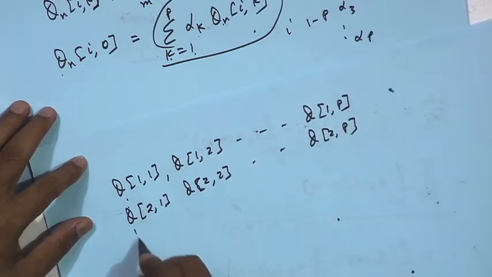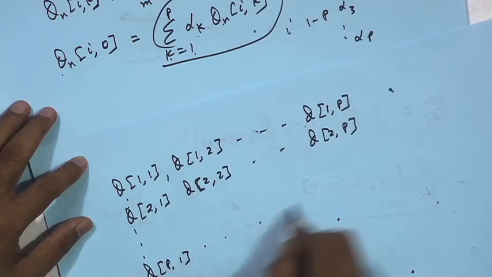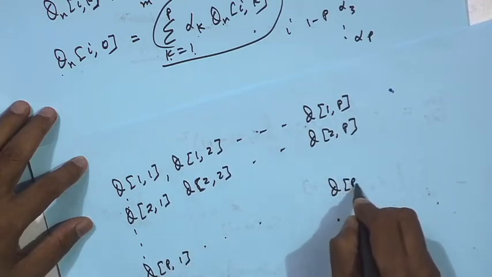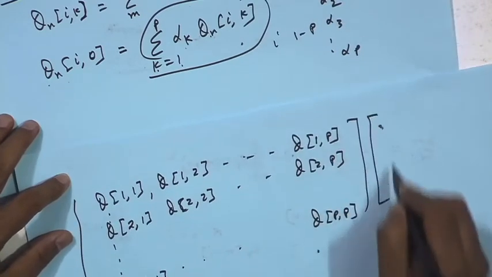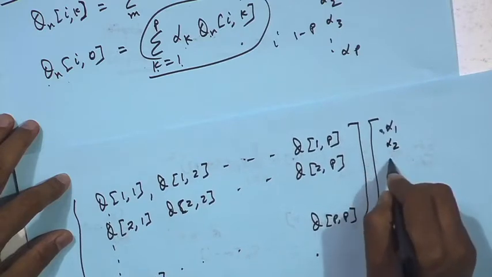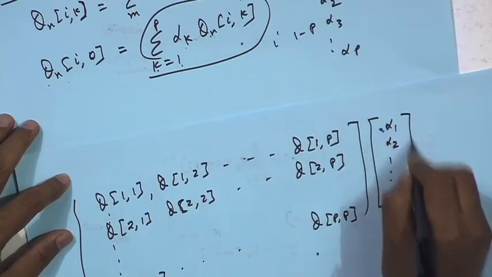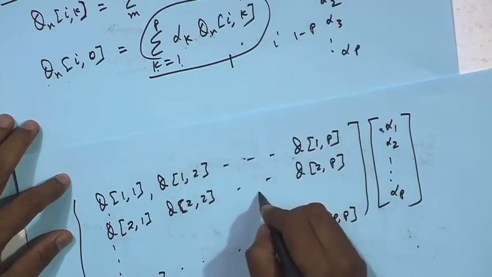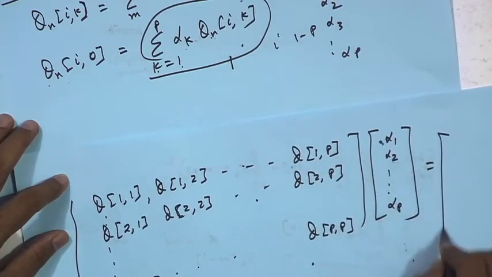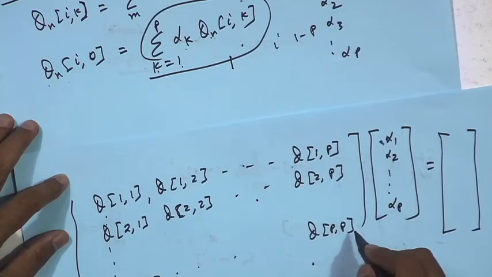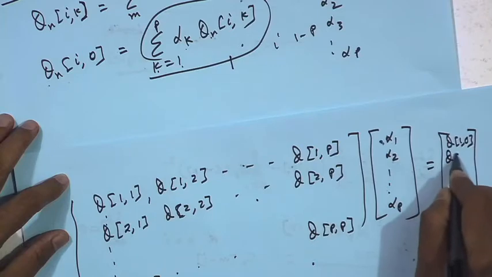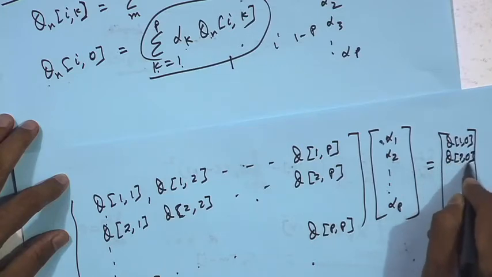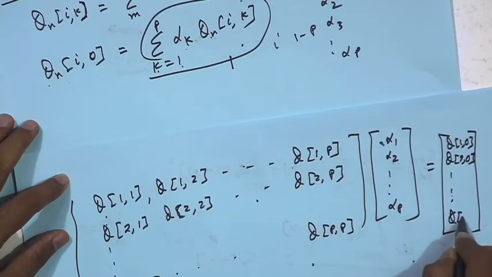Dot dot dot, phi p 1, up to phi p p. This matrix has to be multiplied by alpha 1, alpha 2, dot dot dot, alpha p. This matrix form is equal to k equal to 0. So, I can say phi 1 0, phi 2 0, dot dot dot, phi p 0.